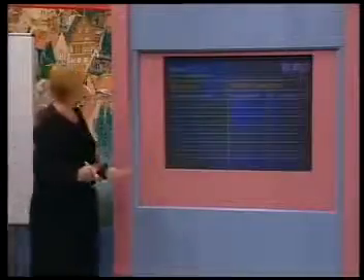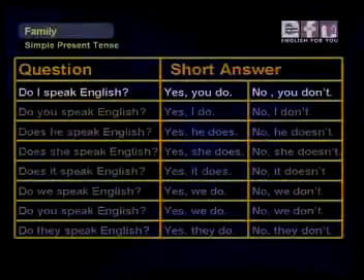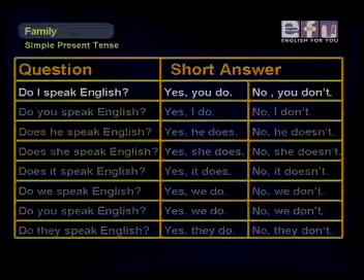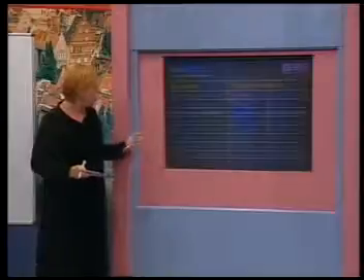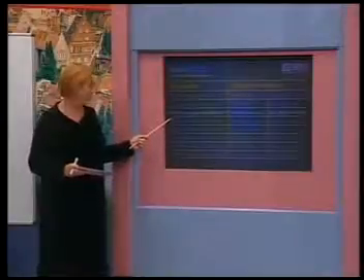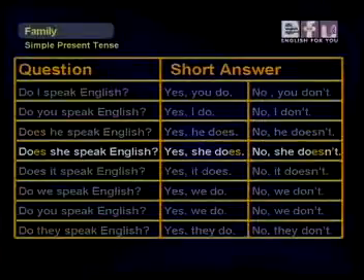Here we have the question and the short answer. Do I speak English? Yes, you do. No, you don't. Do you speak English? Yes, I do. No, I don't. Now, notice, does, there's the S. Does he speak English? Yes, he does. No, he doesn't. With she, does she speak English?